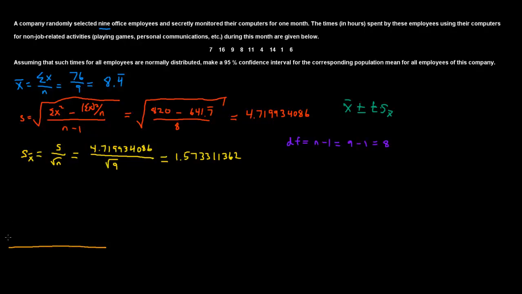So the t distribution, at least how our table is set up in the back of the book, always is concerning area in the right tail. So let's say right here.